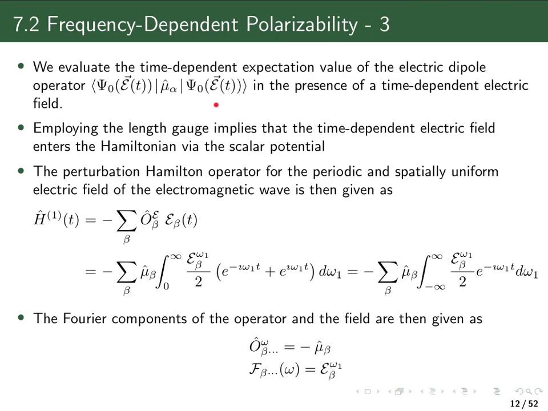And we know that we can expand this in the time-independent expectation value of the dipole moment operator, meaning the permanent dipole moment, plus an integral over response functions with the appropriate operators times the corresponding components of the field.